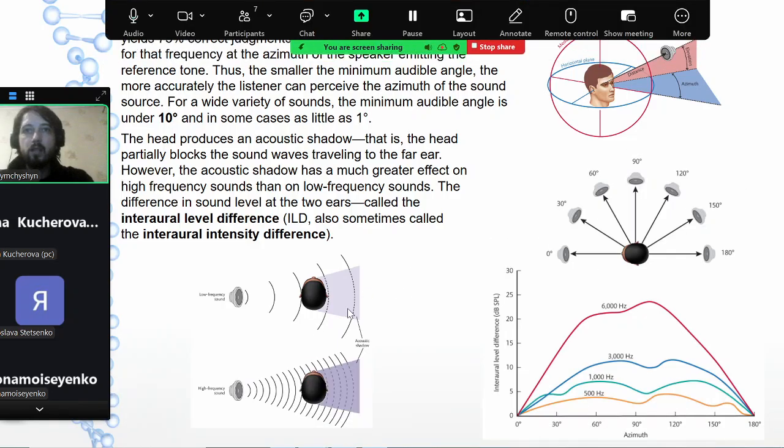So when the sound is positioned somehow with respect to our head, one of the methods to detect where this source is basically calculating the difference, the interaural difference between the signal coming from the source to one ear and to the other ear.